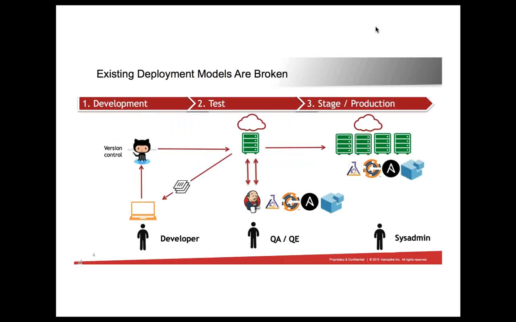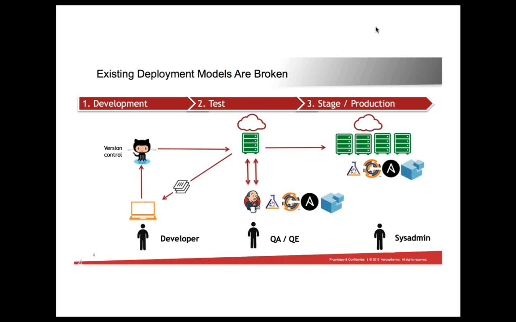The second problem is the existing deployment models are broken too. I've got my developer, he develops some stuff, maybe he checks it into GitHub or his favorite source code control system. We've now got to push that out onto test. Well, the test environment's probably going to look pretty different to the development environment. I go from test into production, and perhaps I've got Ansible or Salt or Puppet or Chef, and I'm trying to keep these environments the same.